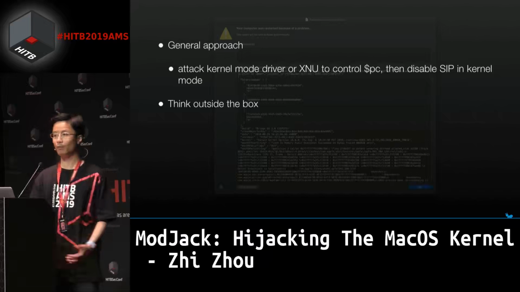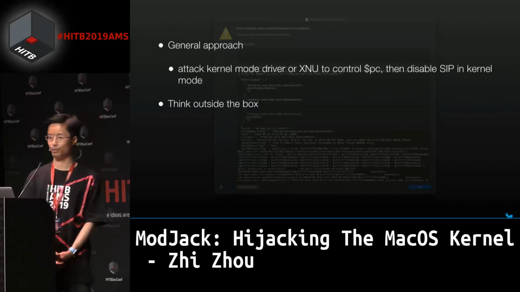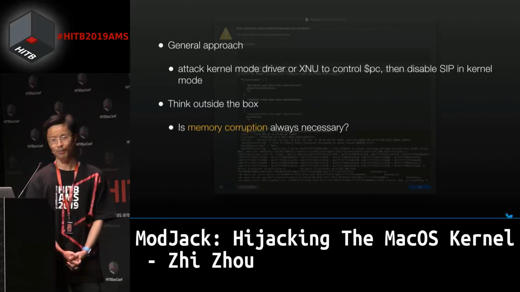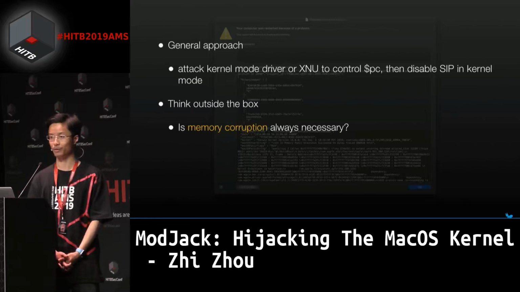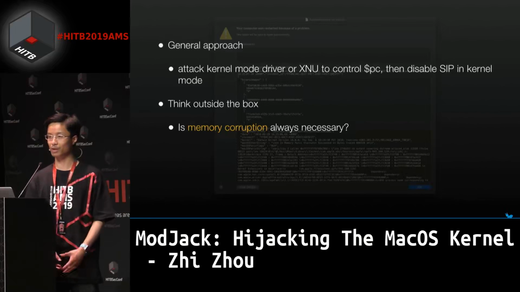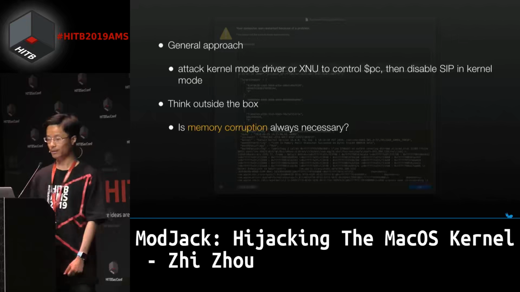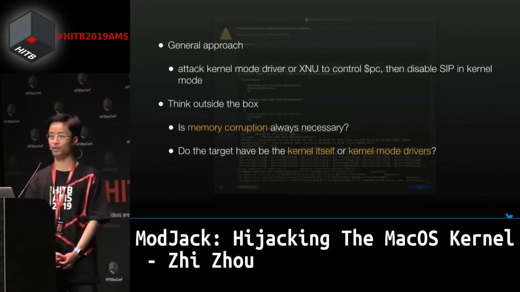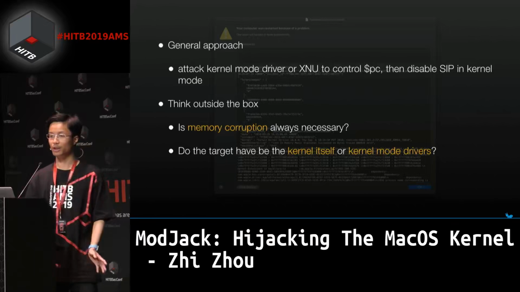But what I'm going to present today is to think outside the box. Is memory corruption always necessary for this scenario? Do we have some logic bugs to attack the kernel? And does the target always have to be the kernel itself or the kernel mode drivers? What about attacking a user mode process? Can we attack a user mode process to gain kernel privilege?